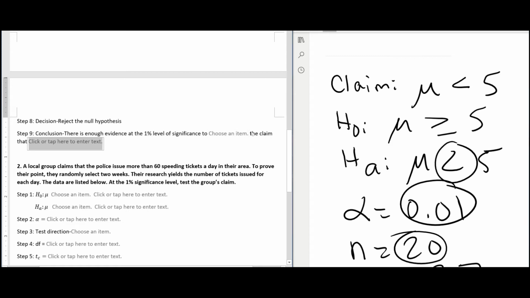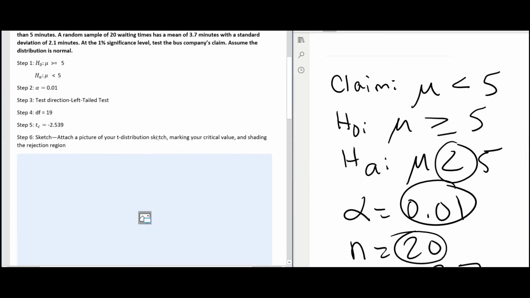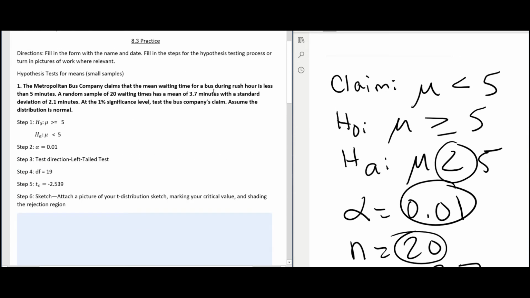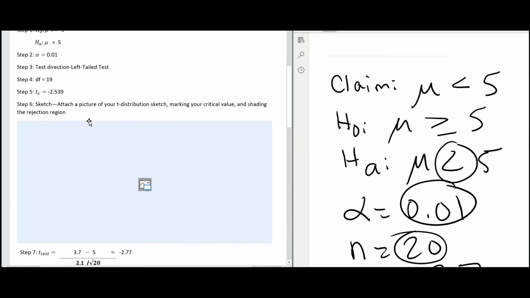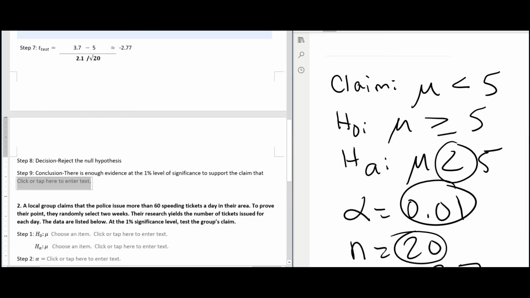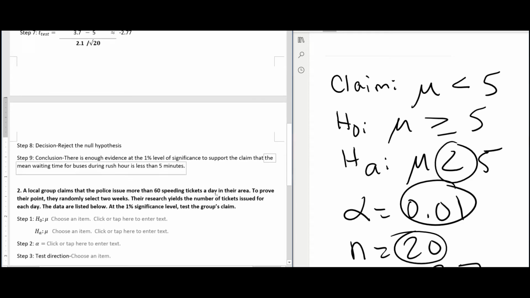So there's enough evidence at the 1% level to support the claim that, and then you're going to type in the claim here. What was the claim? Well, the claim was that the mean waiting time for a bus during rush hour is less than 5 minutes. All right, and then there's your concluding statement.